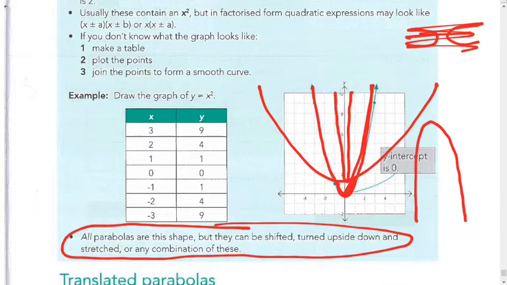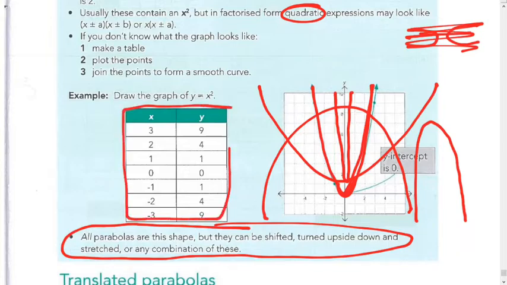Okay? So all parabolas are this shape. Or they can be turned upside down and stretched. Stretched means to get wider, right? Or they can be any combination of these. So it can be upside down and very wide. Okay? But anytime you see that U shape, you have what's called a parabola, so you know it's the graph of a quadratic equation. Now again, for the first set of exercises we're going to do, you're going to be using a chart.